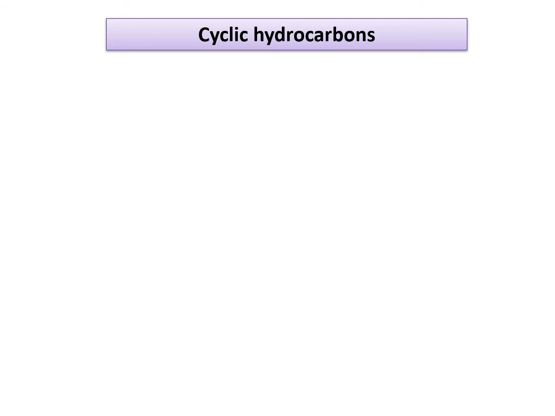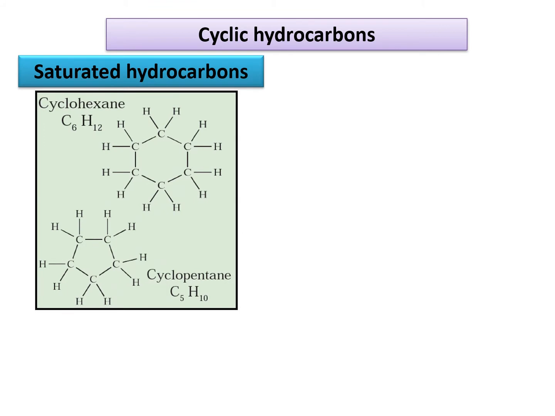The last one is cyclic hydrocarbon. Under saturated cyclic hydrocarbon, we have cyclohexane and cyclopentane. Hexane stands for 6 and pentane stands for 5.